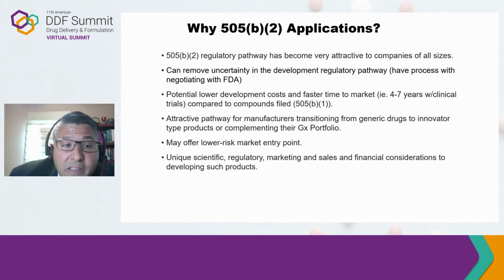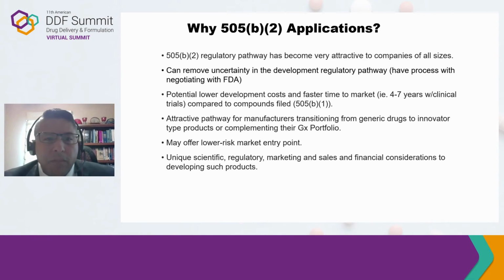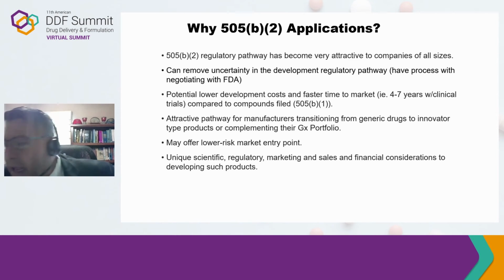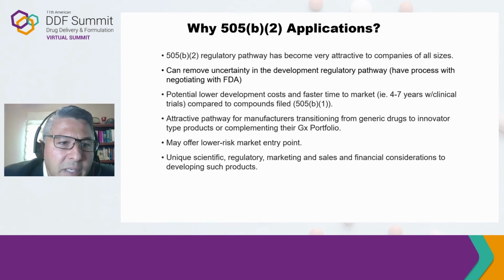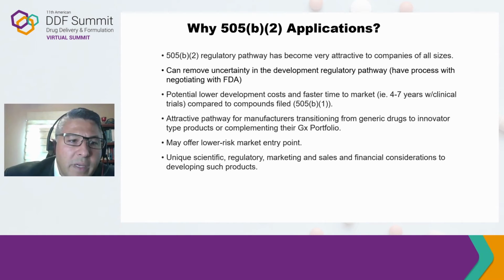It could really be an attractive pathway for manufacturers transitioning from generic drugs to innovator type products or complementing their generics portfolio. They may offer lower risk to market entry point and unique scientific, regulatory, marketing, sales and financial considerations to developing such products. That's basically building the business case.